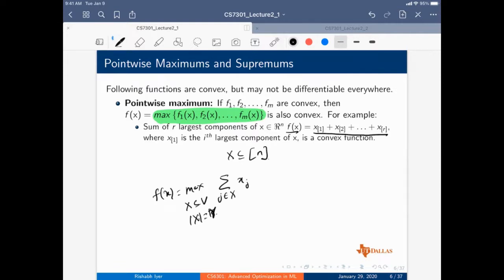Sorry, in this case it is r. And this is finite because there are only n choose r possible subsets of size r. So we just need to look at this finite number of subsets and take the max, so m over here is n choose r. Any questions on this?